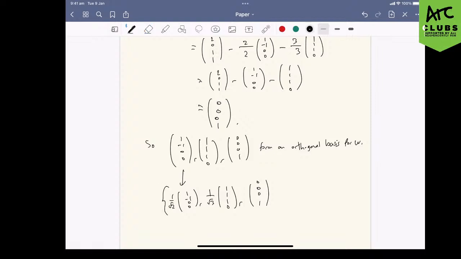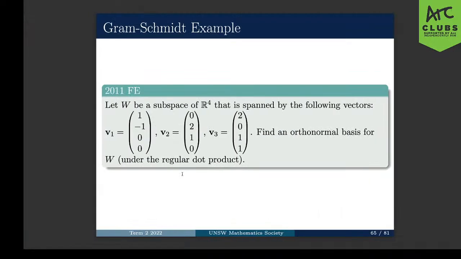So this is an orthonormal basis for W, using the Gram-Schmidt process and then rescaling. Okay. Hopefully that makes sense.